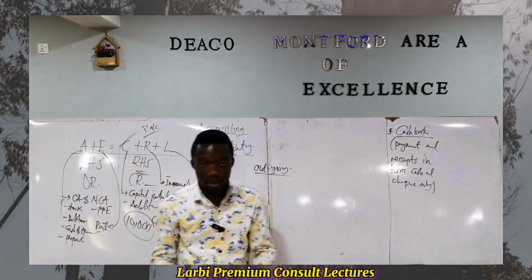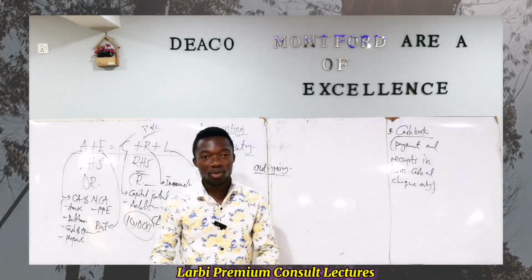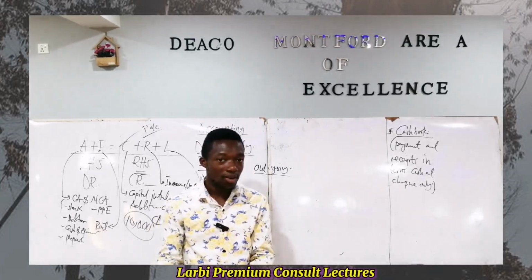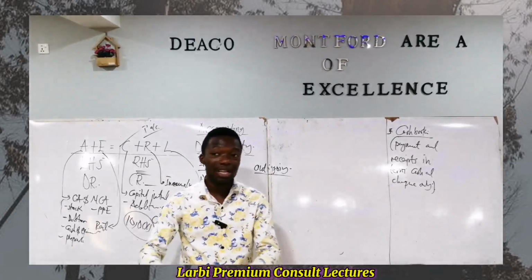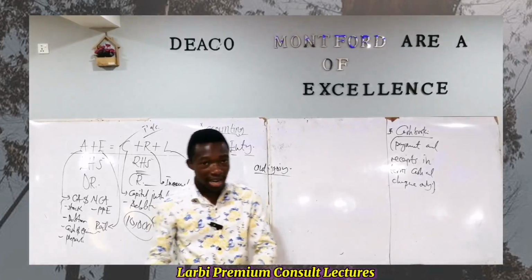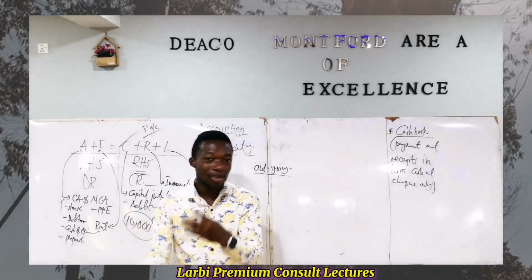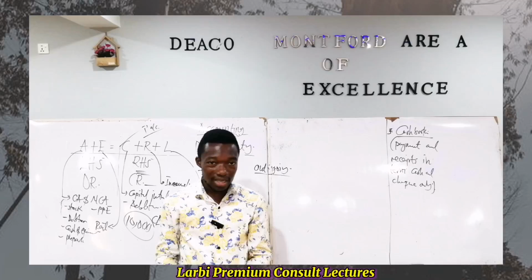Let me give an example of an incoming item. Let's say the business bought a new vehicle with cash, physical cash. The vehicle that has been bought is coming into the business to help in the running of the business.